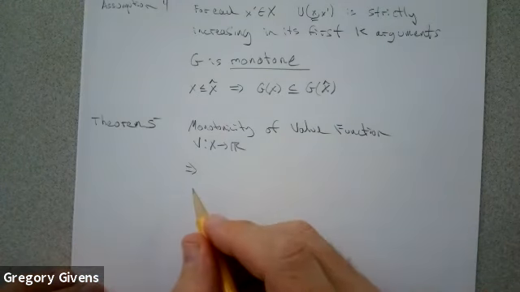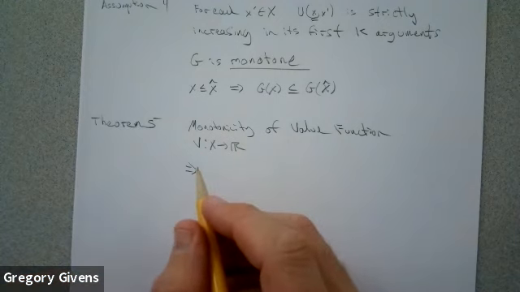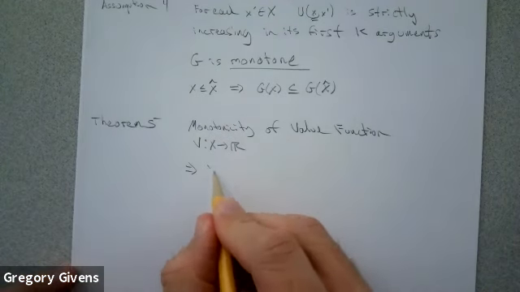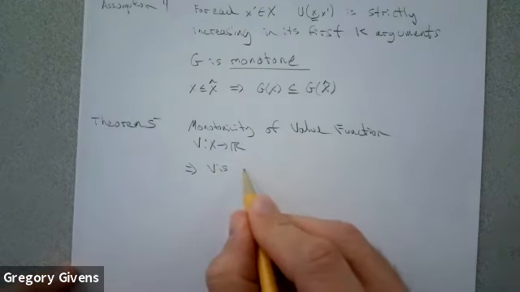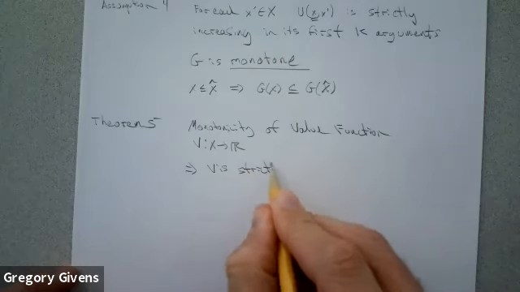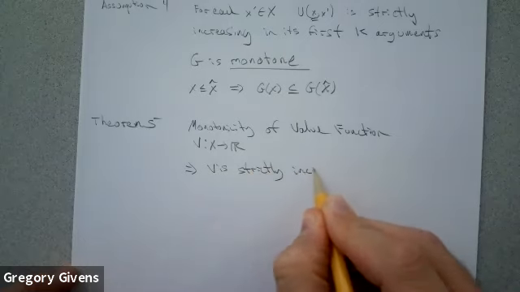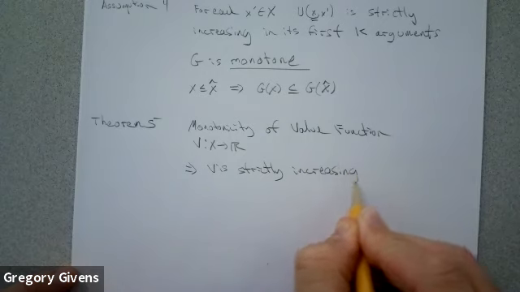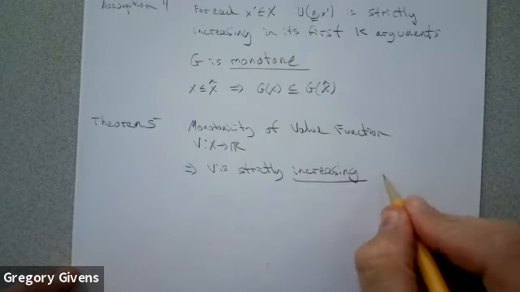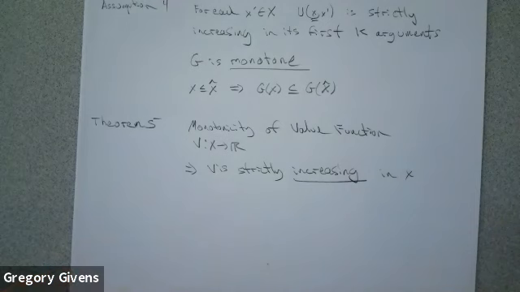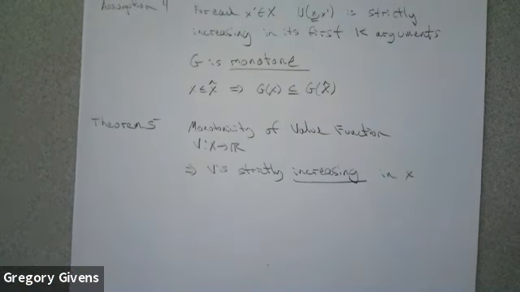Then as long as assumption 4 holds, as well as the other ones we've talked about, V is strictly increasing in X. That is, in all of its arguments.